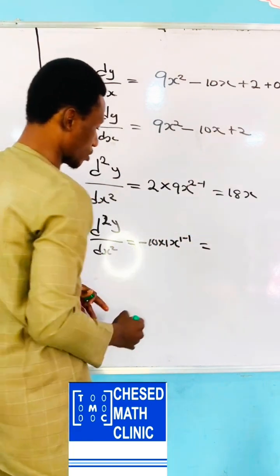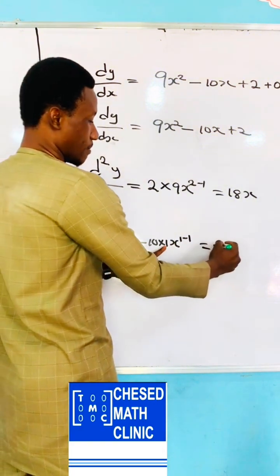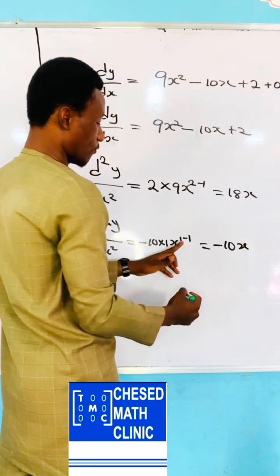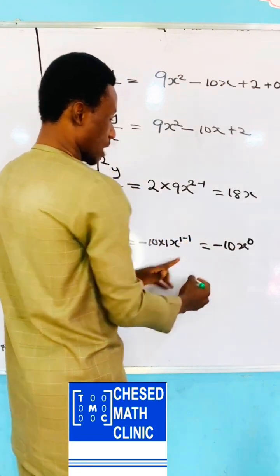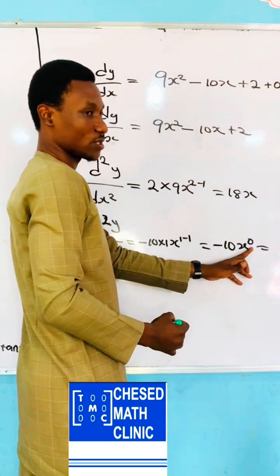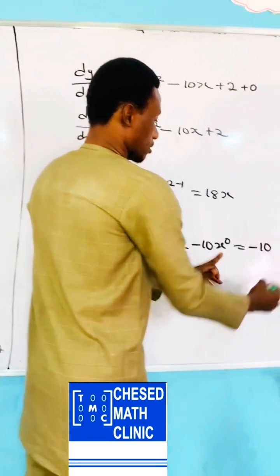So this is equal to minus 10 times 1 is minus 10. Then x to the power of what? 1 minus 1 is 0. And this is also the same thing as x to the power of 0 is 1. So minus 10 times 1 gives us minus 10.